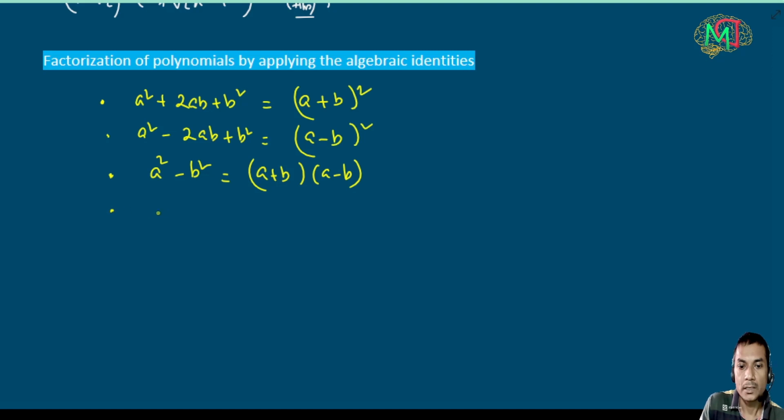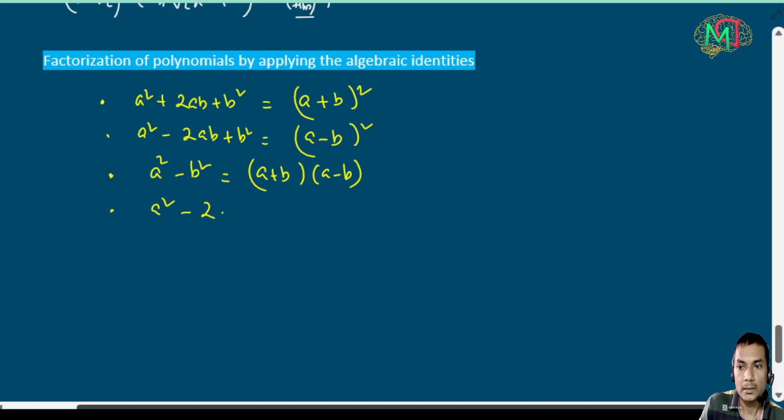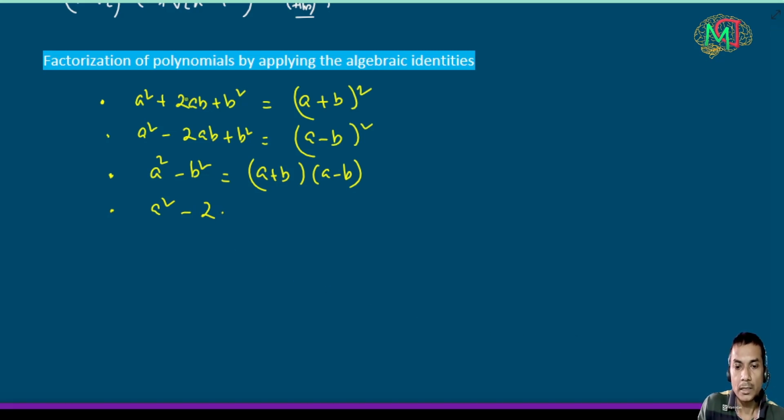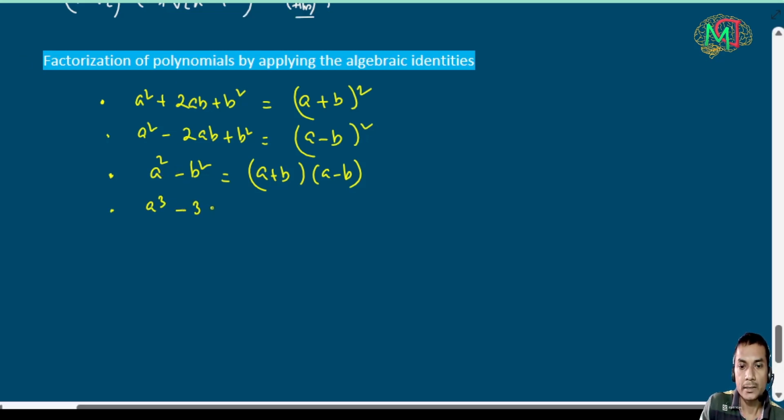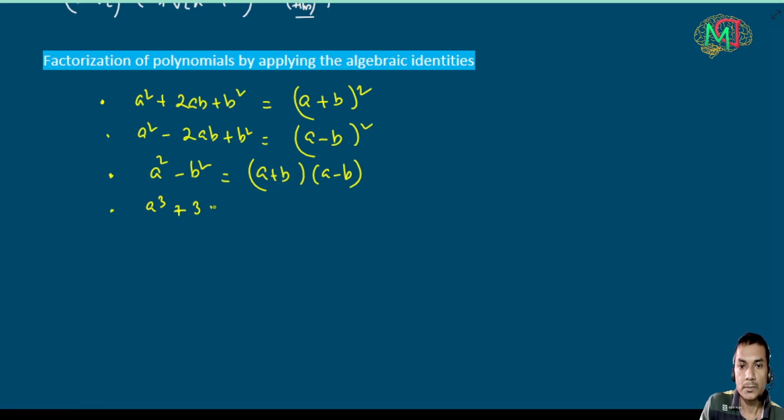Okay. Then if we get the polynomial in the form a cube plus 3a square b plus 3ab square plus b cube, then we can write it as a plus b whole cube.